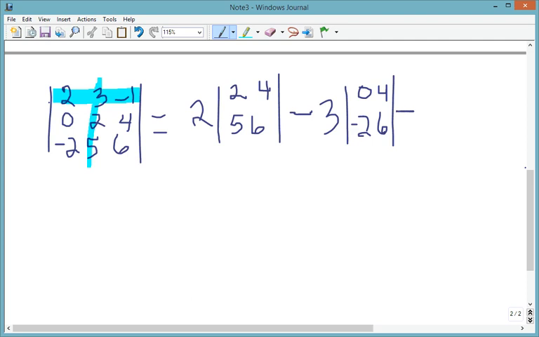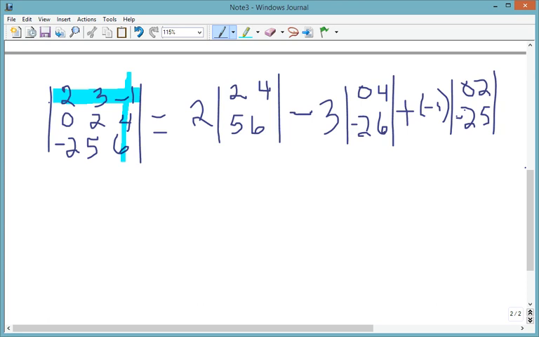Okay, now I'm going to be back to plus again. And this time it's a -1. And I write the determinant of what's left when I cross off the row in the column that has that -1 in it. And what's left here is 0 to -2, 5.